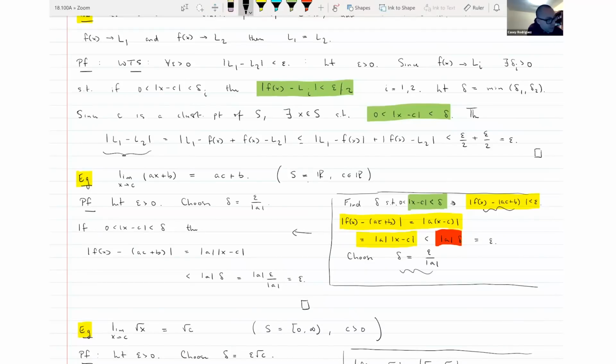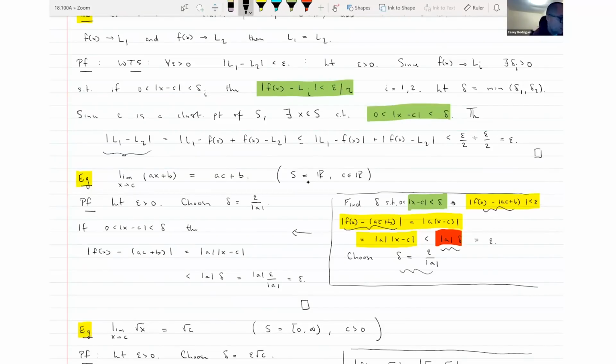And we want what's in yellow, that thing, to be less than epsilon. So what we've arrived at is that this thing here, which we want less than epsilon, is less than this thing in red, okay? And therefore, we want to choose the delta so that the thing in red is less than or equal to epsilon. That will ensure that f of x minus ac plus b in absolute value will be less than epsilon.